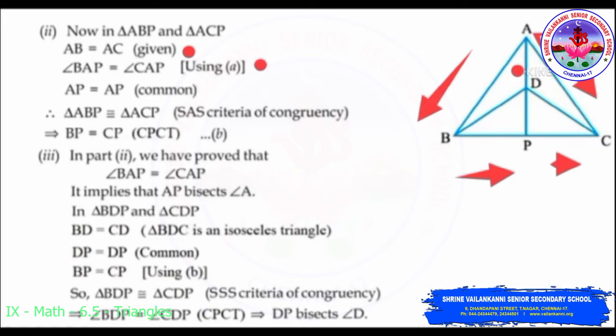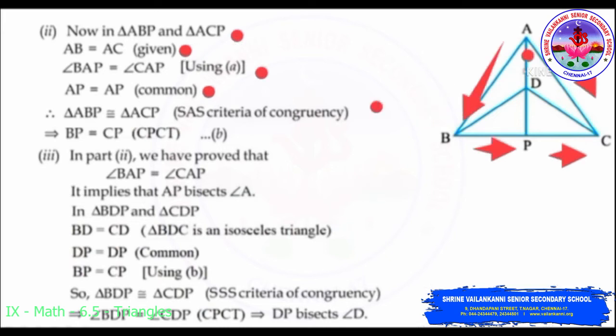So I am writing it as angle BAP is equal to angle CAP. And the third one, I find AP is common to both the triangles. Using SAS criteria of congruence, triangle ABP is congruent to triangle ACP, which implies that BP is equal to CP by CPCT.